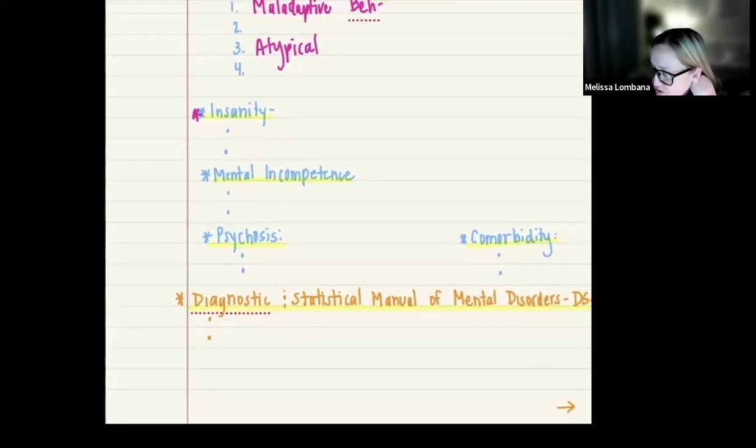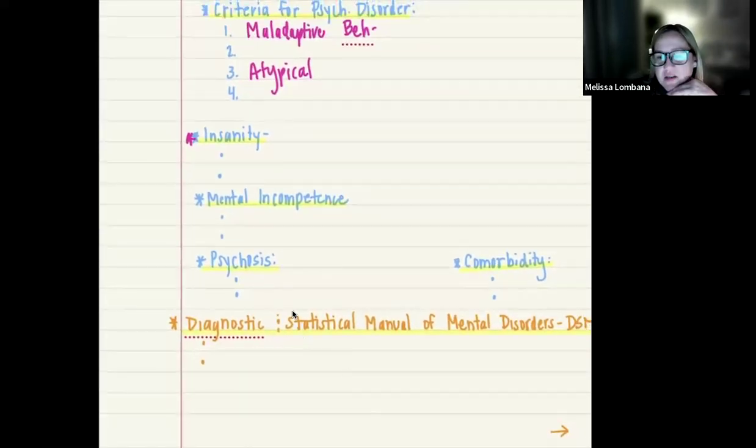And the next thing you need to know is the Diagnostic and Statistical Manual of Mental Disorders. This is called the DSM-5, and it's DSM-5 because they are in their fifth edition, basically. And this is basically a manual that is used as a source of criteria for defining psychological disorders.